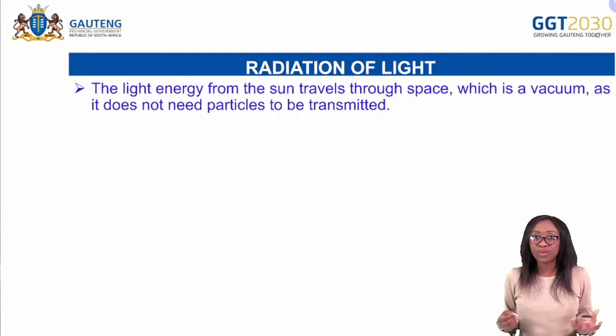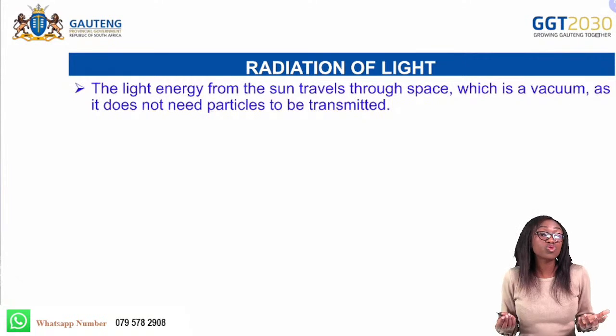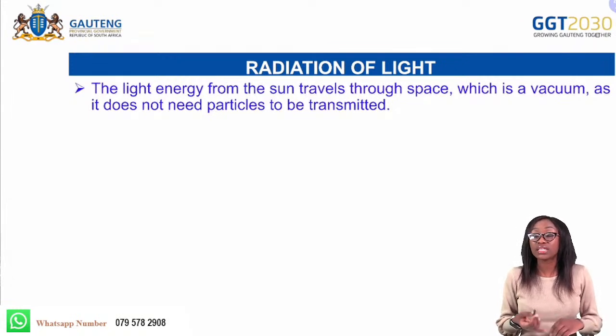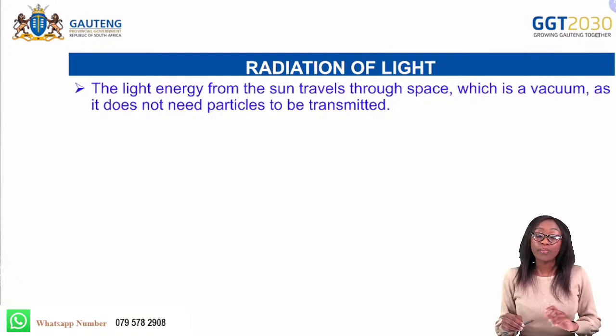So it's a space of nothingness. It does not need particles to be transmitted. So we don't need any particles to transmit the light that we get from the sun. So it travels through the vacuum, that is space, to the earth without any need for any particles.